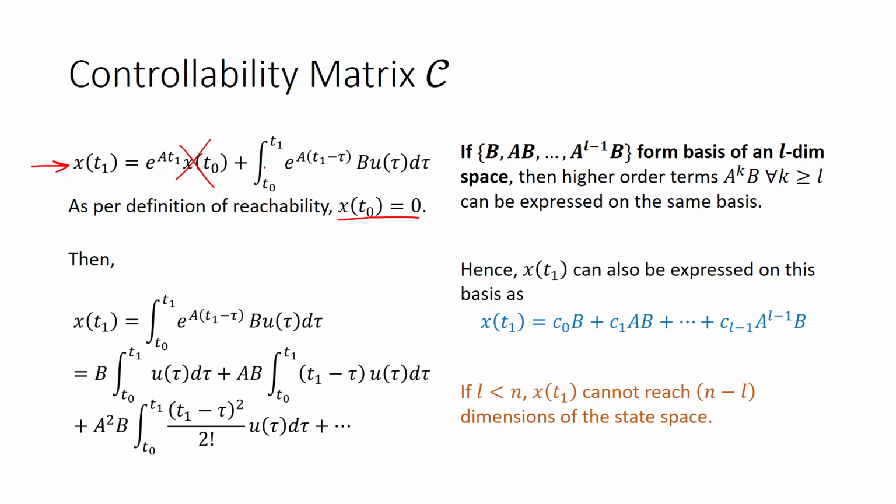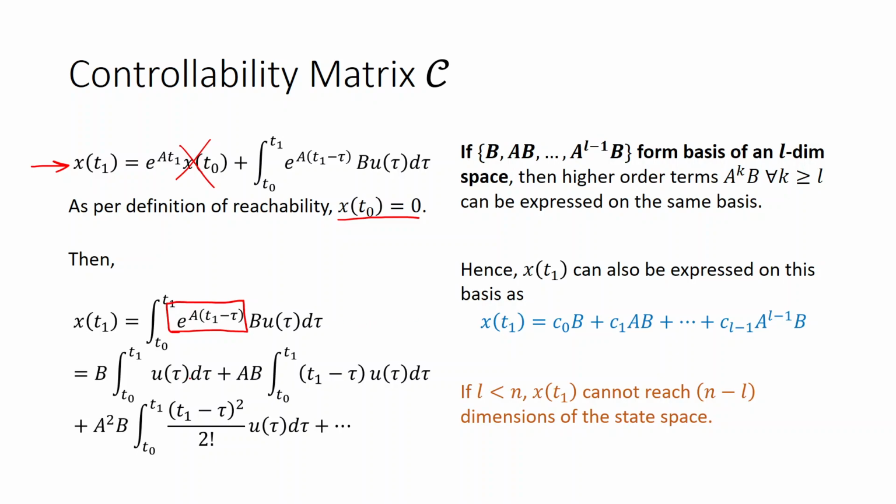So x(t1) is the integral term, and in the integral term we have expanded the exponential into its corresponding polynomial terms, and there are an infinite number of terms, as you know from the exponential expansion.